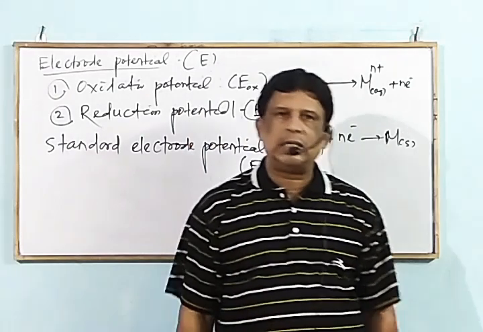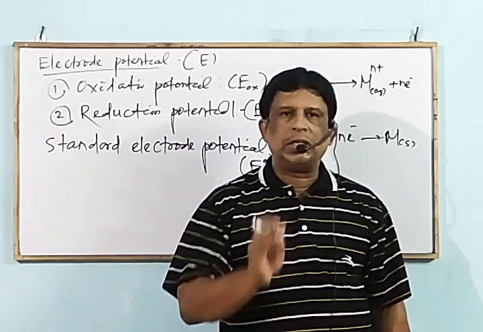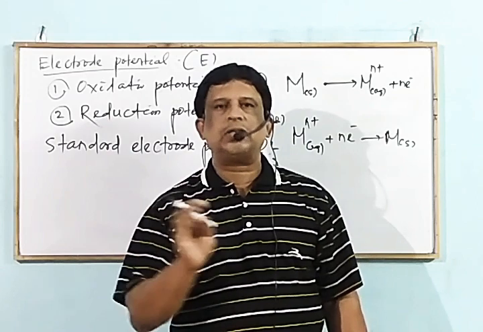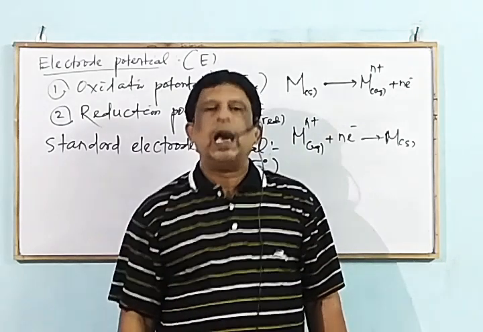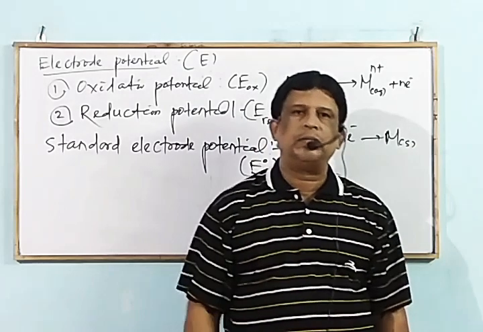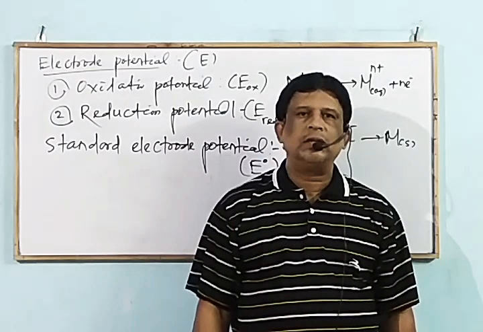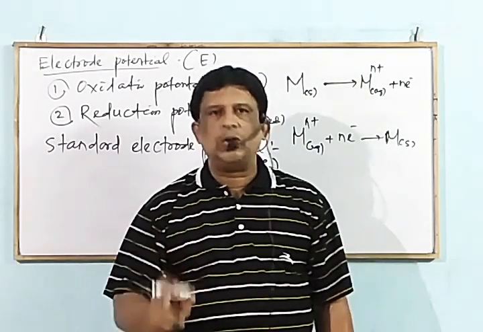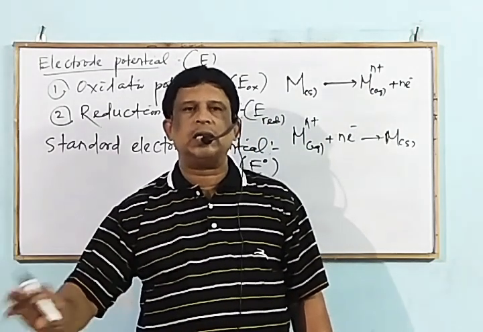What do you mean by standard state? That is, temperature is 25 degrees Celsius or 298 Kelvin, and concentration of the solution is 1 M, 1 molar. Then the electrode potential is known as standard electrode potential.